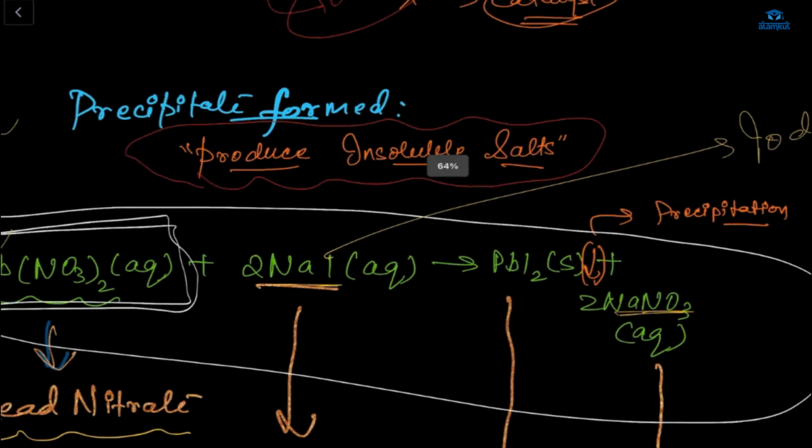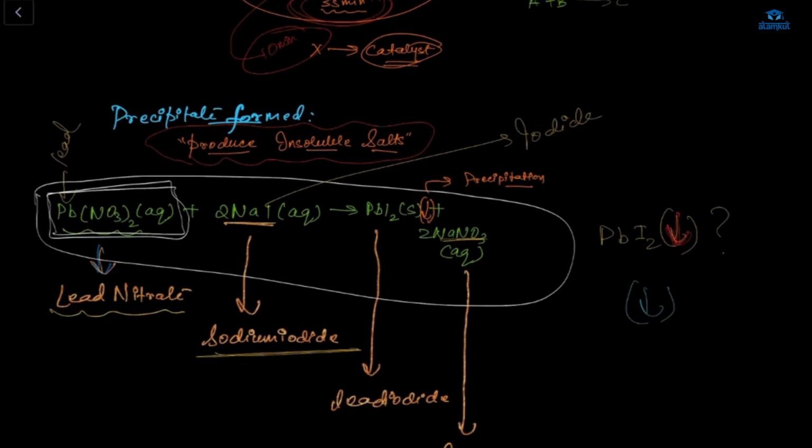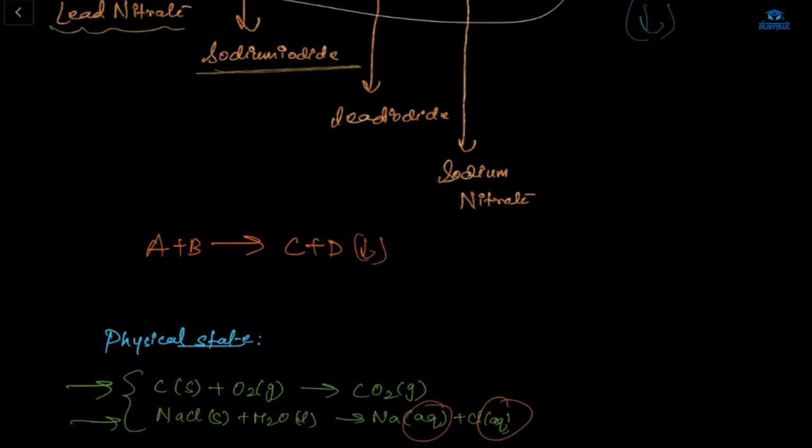The definition is just producing insoluble salts. So this PbI2 is producing insoluble salts. That's why we are writing a down arrow, because the symbol of precipitate is a down arrow. For heating my symbol was delta, but here my symbol is the down arrow. Got it?